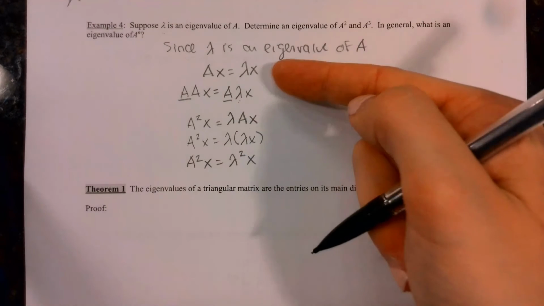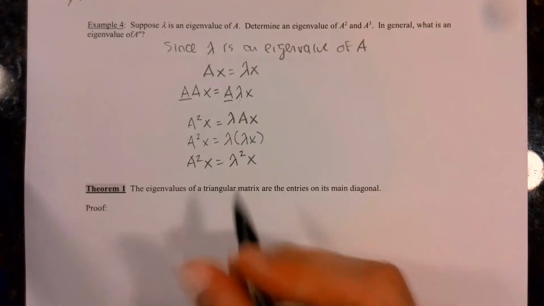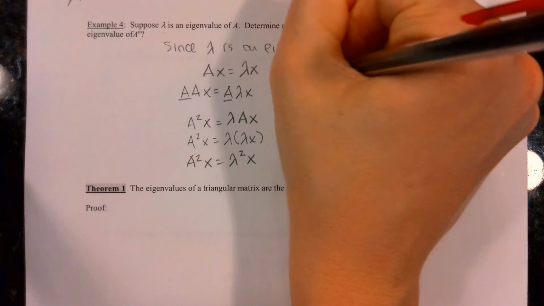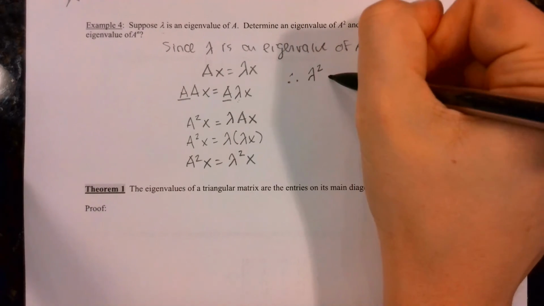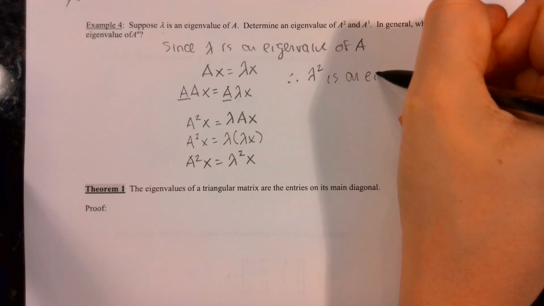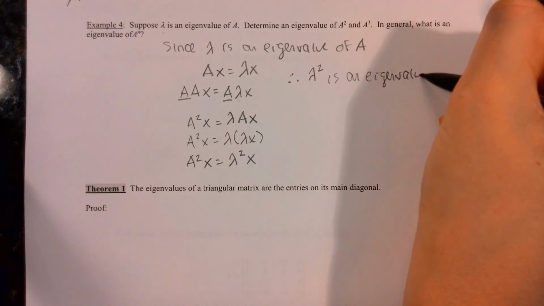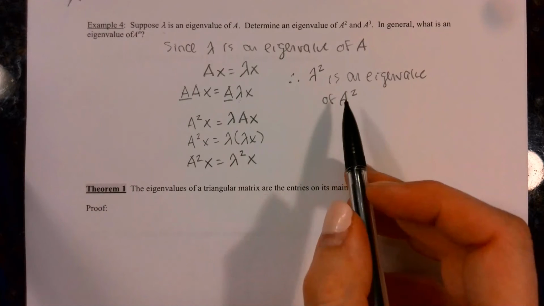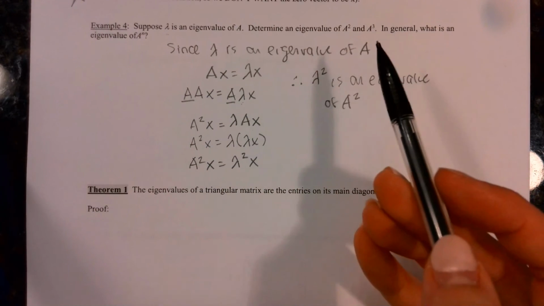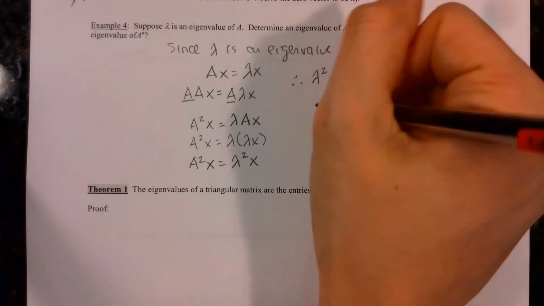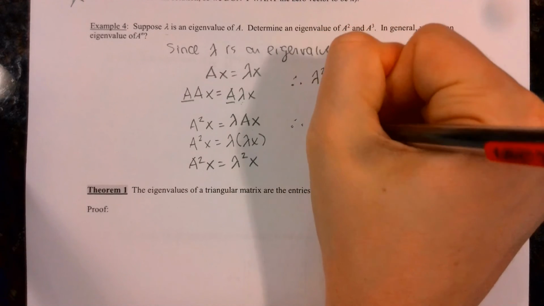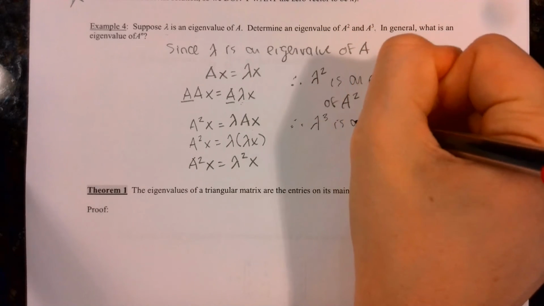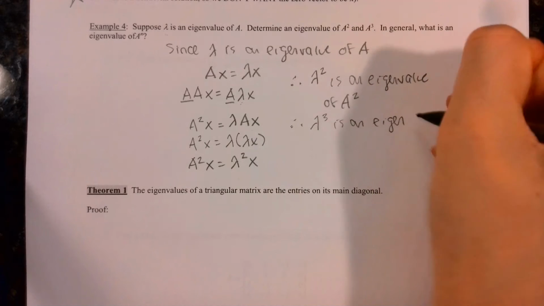This follows the format we were looking at originally. Therefore, lambda squared is an eigenvalue of A squared, given that lambda is an eigenvalue of A. The same would happen for lambda cubed being an eigenvalue of A cubed; we would just repeat the process.